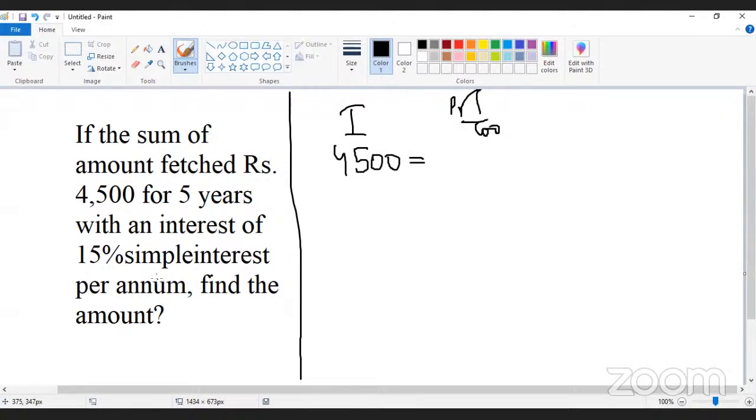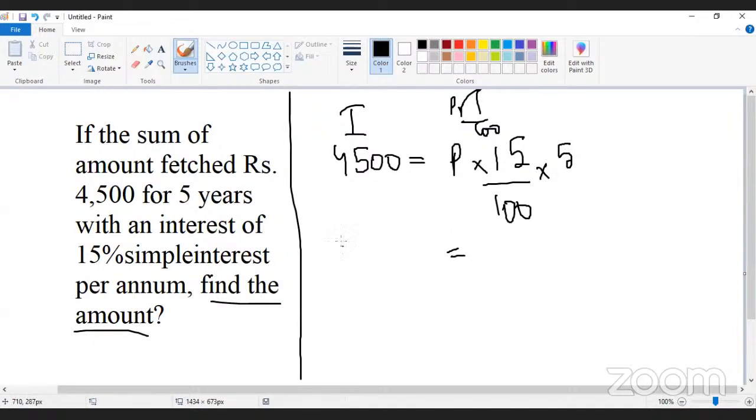Is the principal amount given? No, sir. That is what we're trying to find. Yes, that is what they're asking. Find the amount. So P times rate is 15% by 100 and time is 5 years, that's into 5.